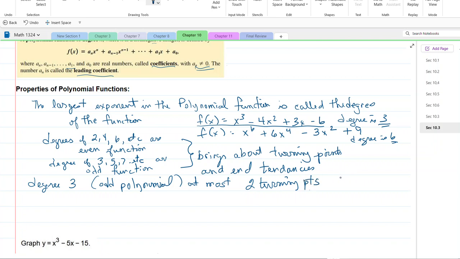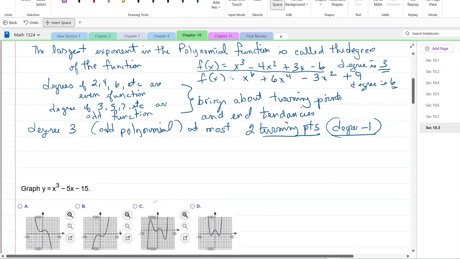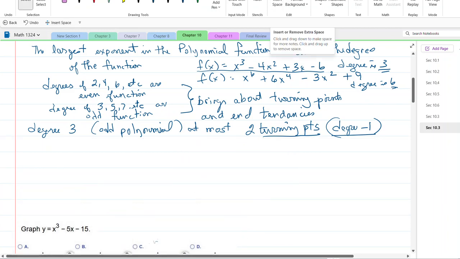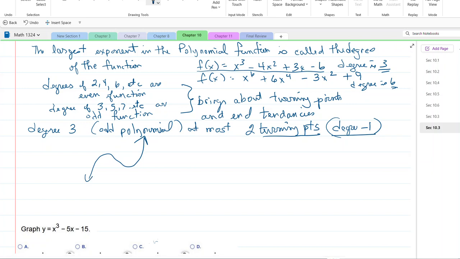That means that I have the degree minus 1 is how we figure the turning points. All right, well, what exactly does that mean? Well, we're going to do a little bit of a sketch. So this means that I have a function that has 1, 2 turning points, but it is at least a degree 3, okay?